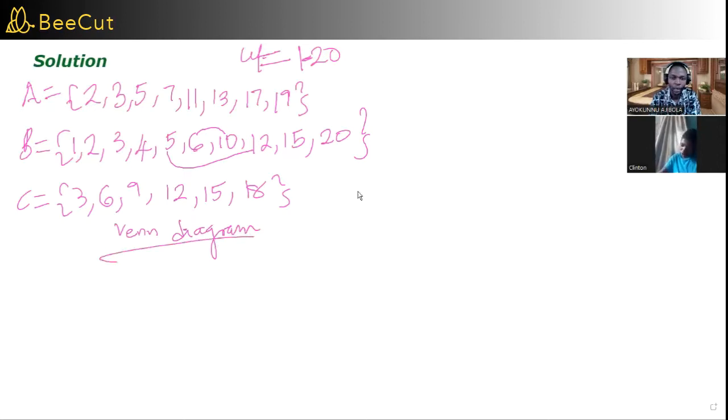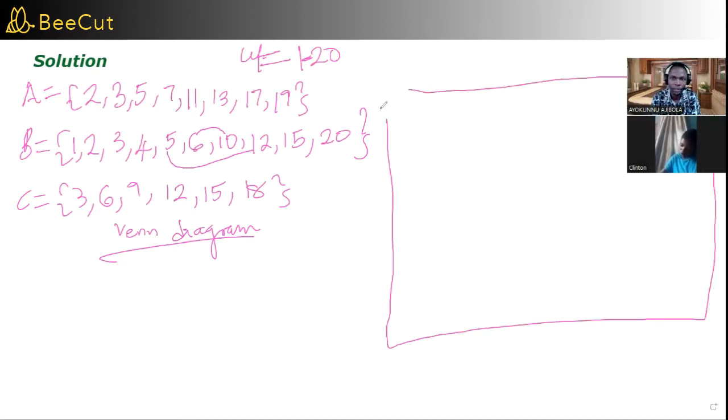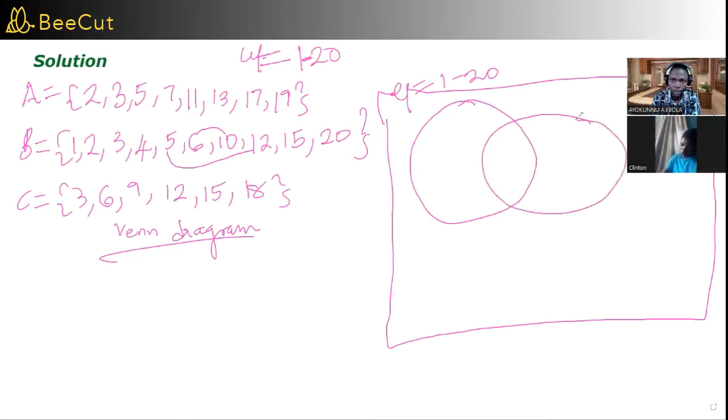To draw your Venn diagram, you're just going to have a big rectangular box that you close with your universal, and our universal is 1 to 20. Then we have to represent the 3 sets. So let's assume this is the first one, set A. This is the second one, set B. And this is the third one, set C.